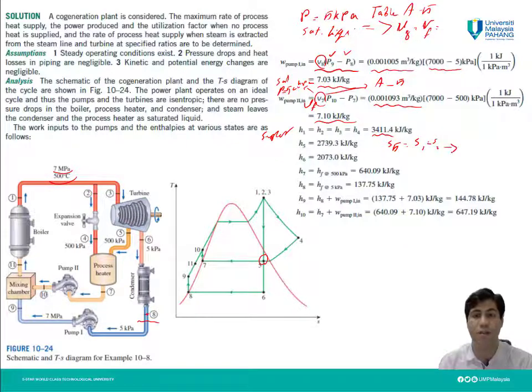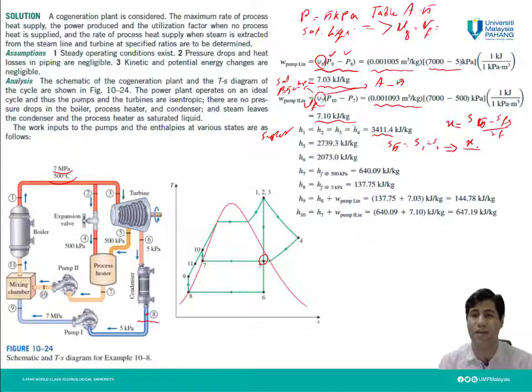Again, with the same procedure, if you remember, we need to find X, the fraction of moisture in the mixture. Knowing X, the equation was like this: for example, here X equals S5 minus Sf divided by Sfg.